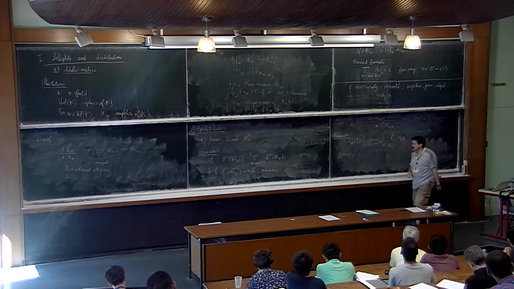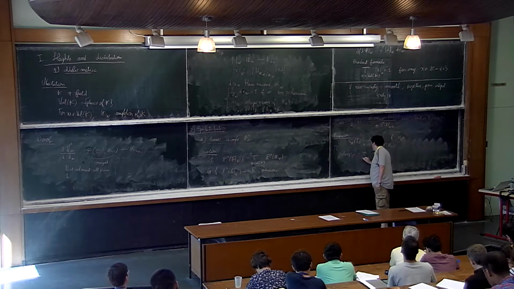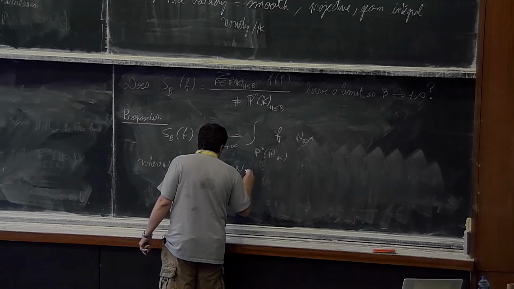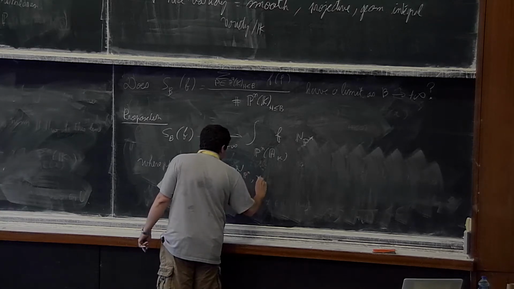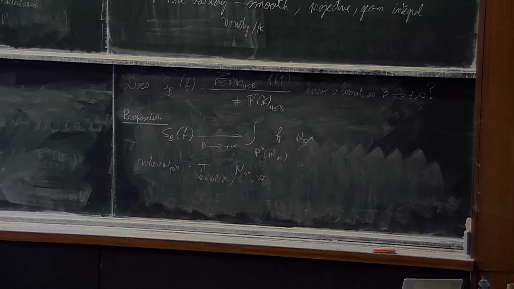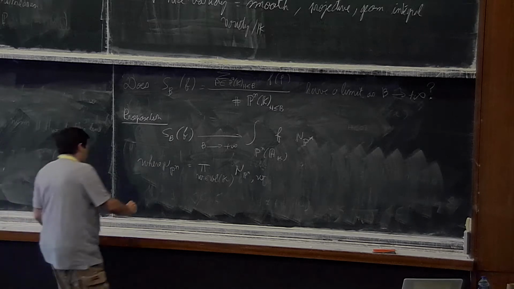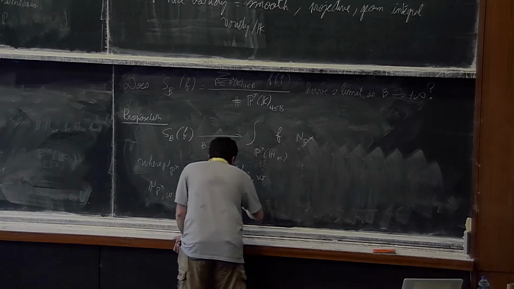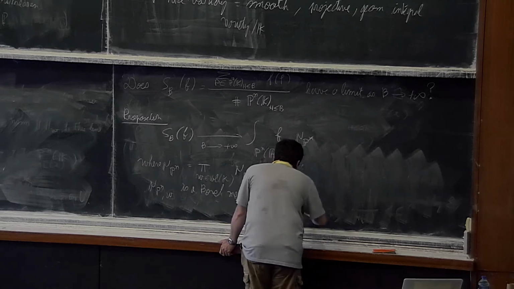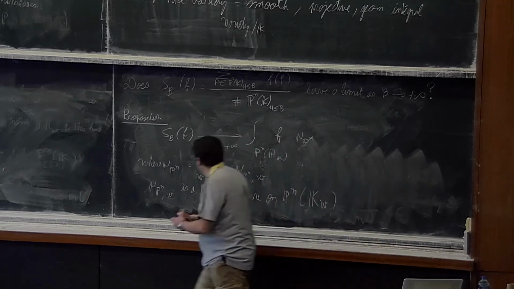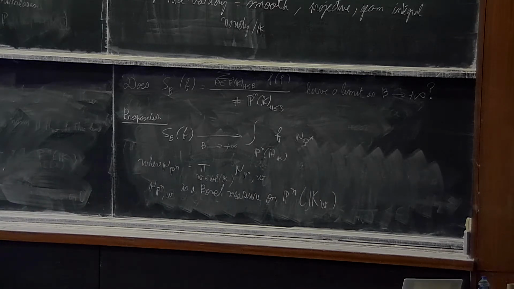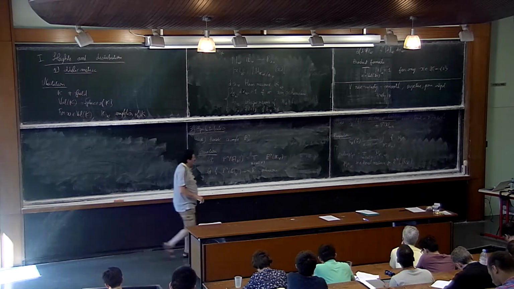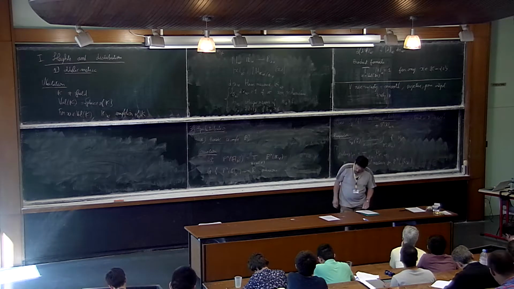So mu Pn, first of all, is the product of measures over all places. Let's say mu Pn W, where mu Pn W is a Borel measure on Pn of Kw defined as follows.